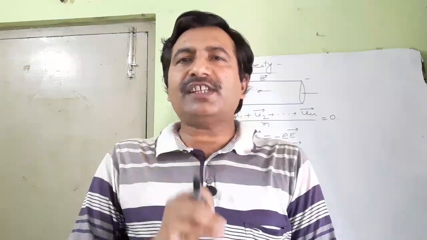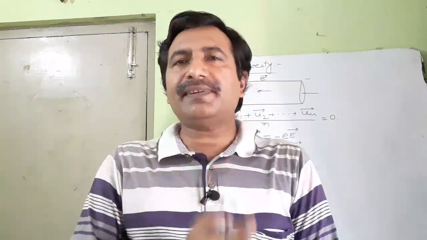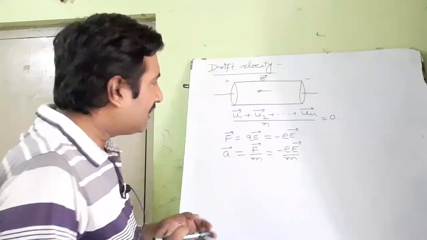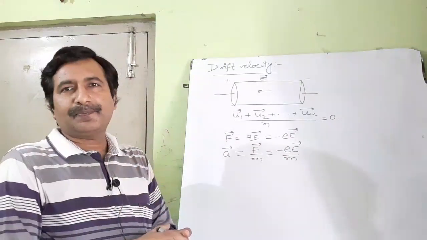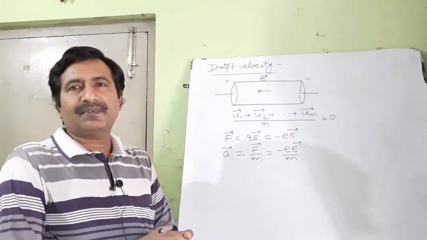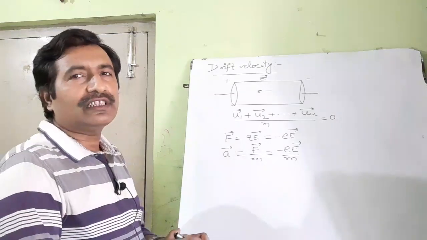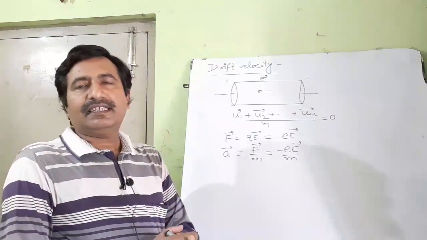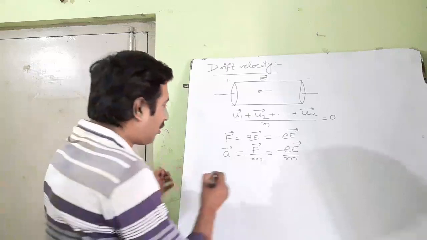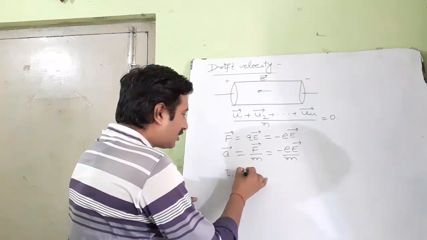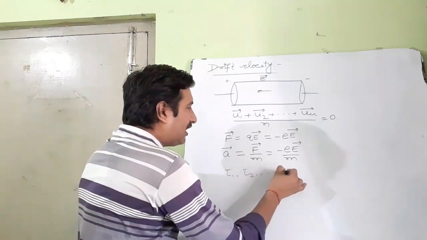What will be the velocity with which it collides? Let the n free electrons undergo collisions in times tau 1, tau 2 and tau n respectively.